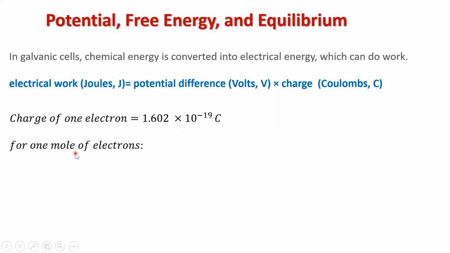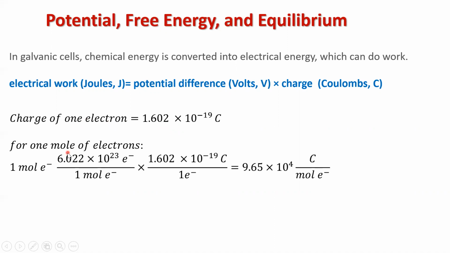And if we wanted the charge for a mole of electrons, because we usually don't talk about things in terms of 1 electron, it's usually a mole of electrons. We can convert a mole of electrons to electrons, knowing that Avogadro's number of electrons equals 1 mole. And then we can convert electrons to charge.